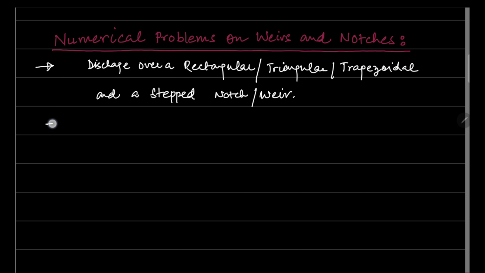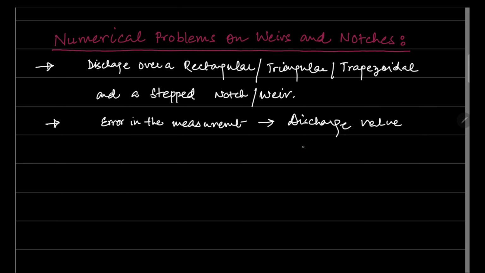Then we will go for some example problems for understanding the effect on discharge over a weir due to the error in the measurement of the head. So, due to the error in the measurement of head, how it affects the evaluation of the discharge value for different weirs and notches.